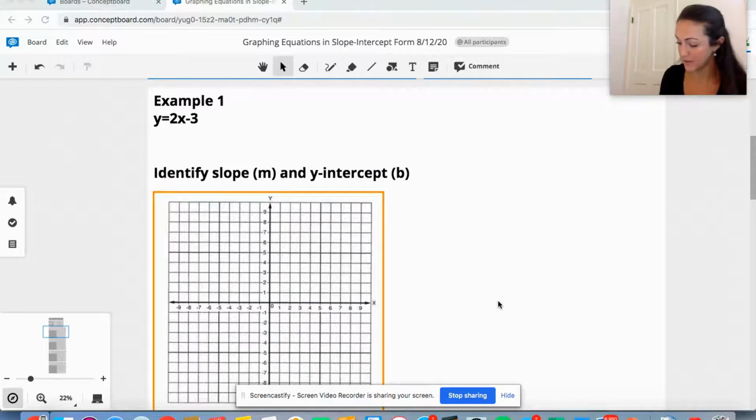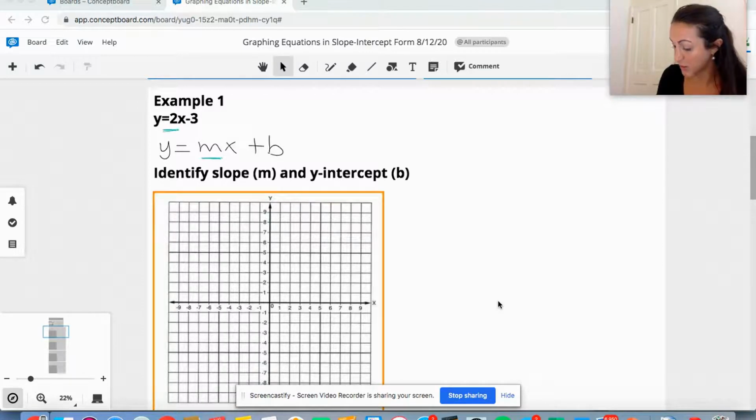Example 1: we have y equals 2x minus 3. I'm going to write it out. All right, slope-intercept form, y equals mx plus b. Let's first identify in green our slope.